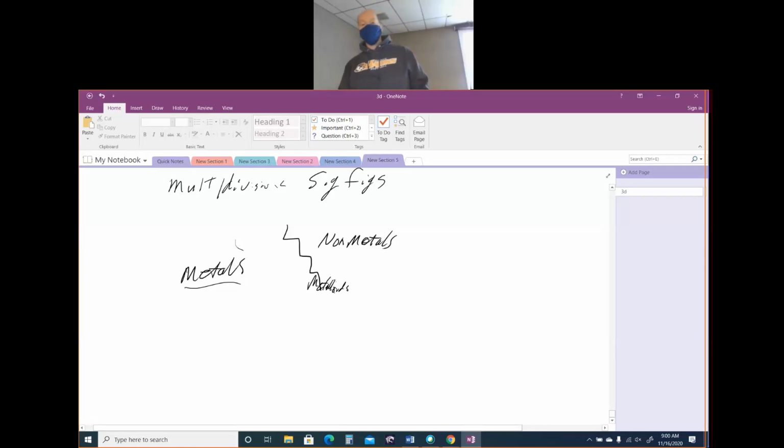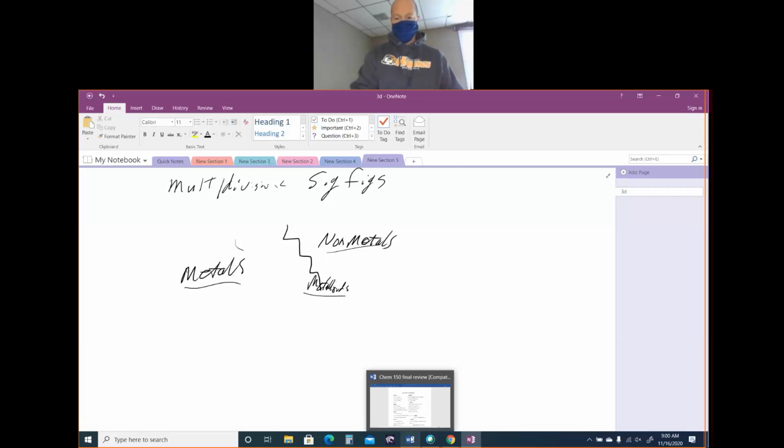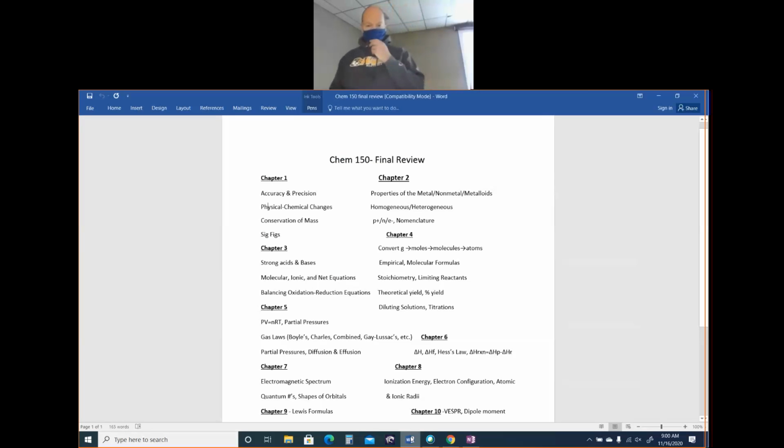Metals are conducting. Metalloids will conduct at low temperatures. Non-conducting are your nonmetals. So know your properties of metals. You can draw them into wire, pound them into sheets, things like that. Just be familiar with the various properties of your metals, your nonmetals, and your metalloids. There will be a multiple choice question on that.